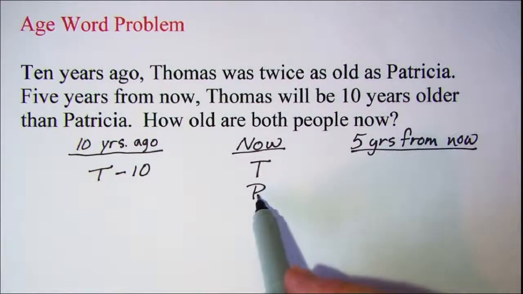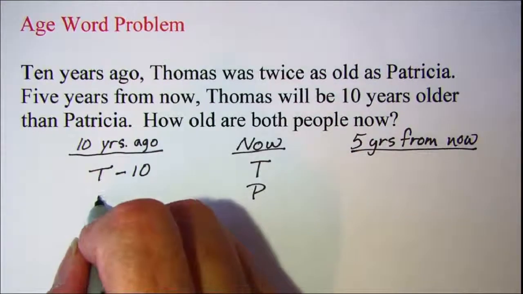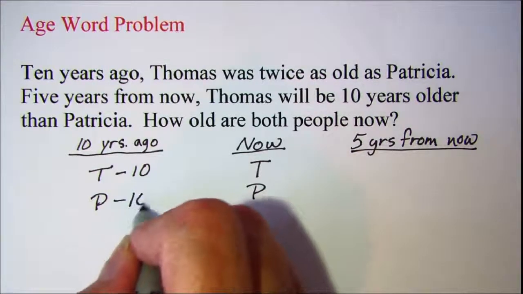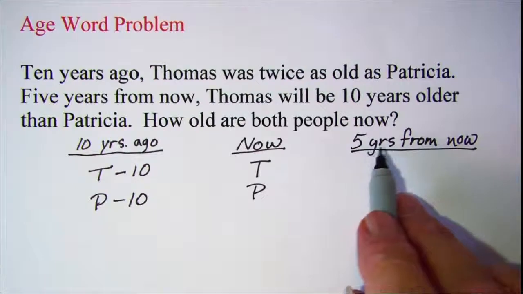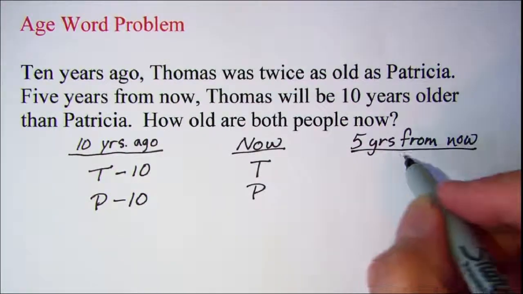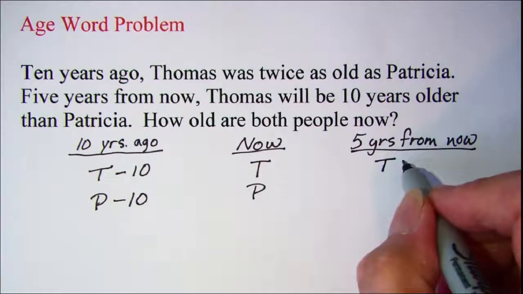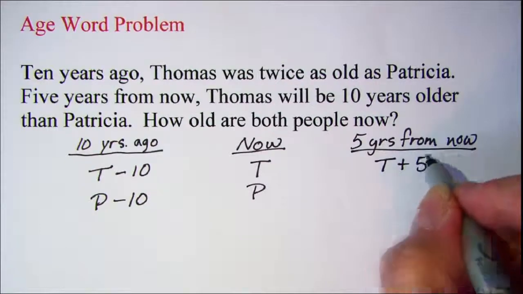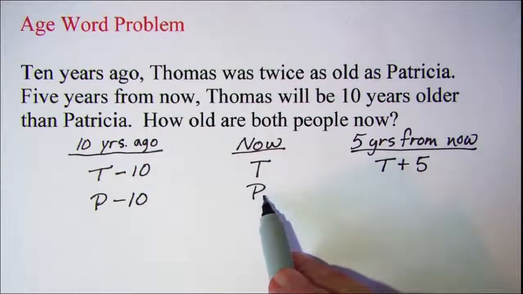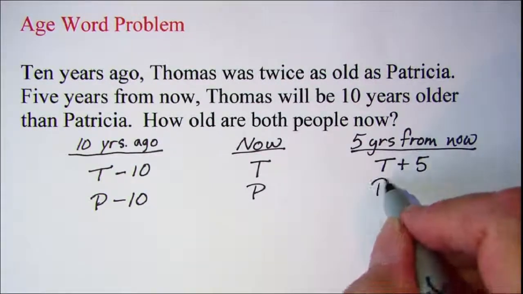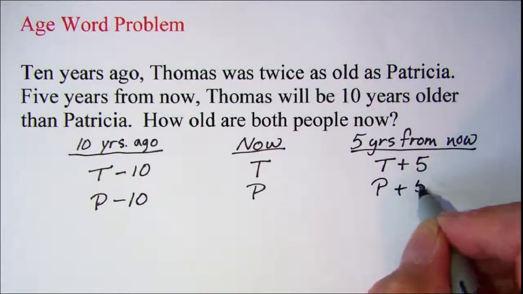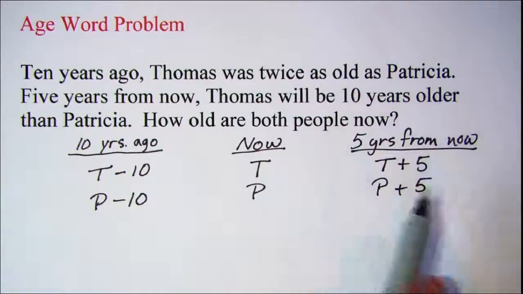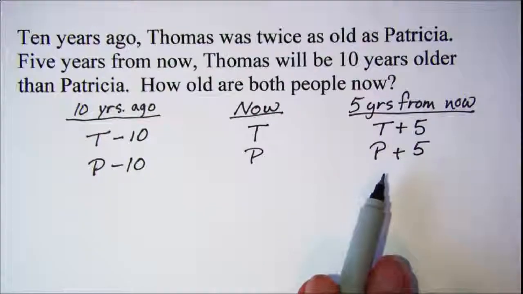And then 10 years ago, Patricia would be P minus 10. And then 5 years from now, Thomas will be T plus 5. And 5 years from now, Patricia will be P plus 5. Right, now here's the variables that I'm going to be using.